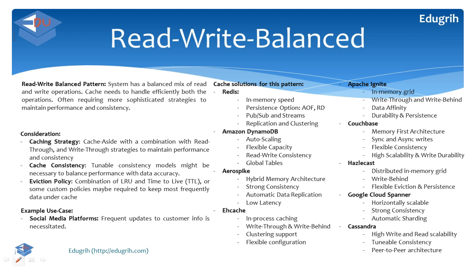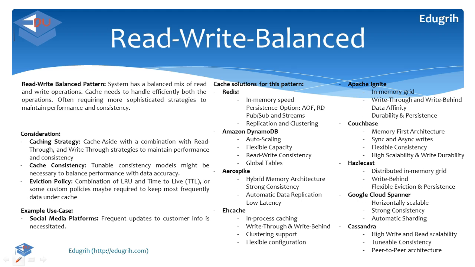So Redis also supports the publisher-subscriber model and handling of the streams, replication and clustering for any kind of scaling challenges. Amazon DynamoDB auto scaling, it supports flexible capacity, read-write consistency, it supports the global tables in the sense for global distribution of the cache.